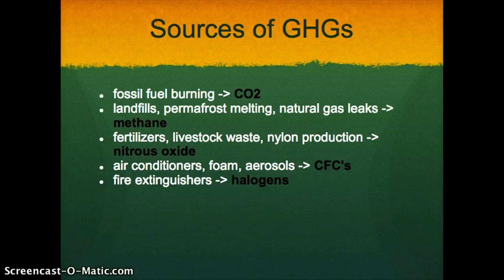Air conditioners, foam, and aerosols lead to CFCs, and fire extinguishers are actually halogens, which are also greenhouse gases. And these are just some of the main ones. Yeah. And the most important would probably be the fossil fuel, which obviously is carbon dioxide, which leads to carbon dioxide emissions. And then actually, no, that one's the most important. Yeah.